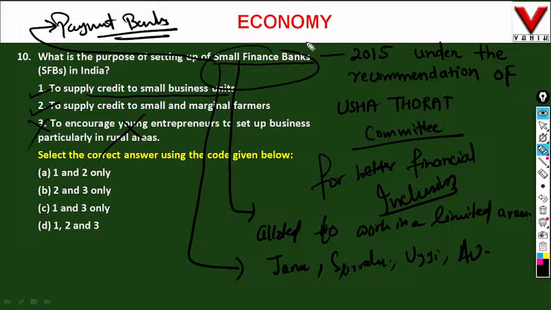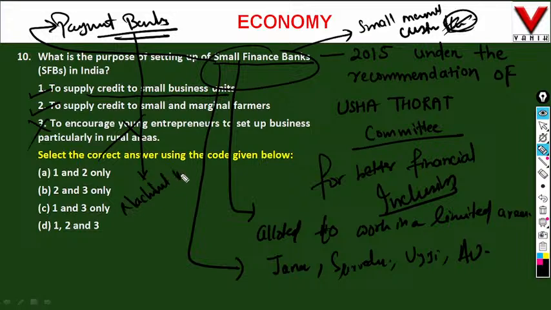Small finance banks look after small and marginal customers, low-income households. Paytm Payments Bank was introduced upon the Nachiket More committee. Small finance banks came under the Usha Thorat committee for better financial inclusion. They work in a limited area.